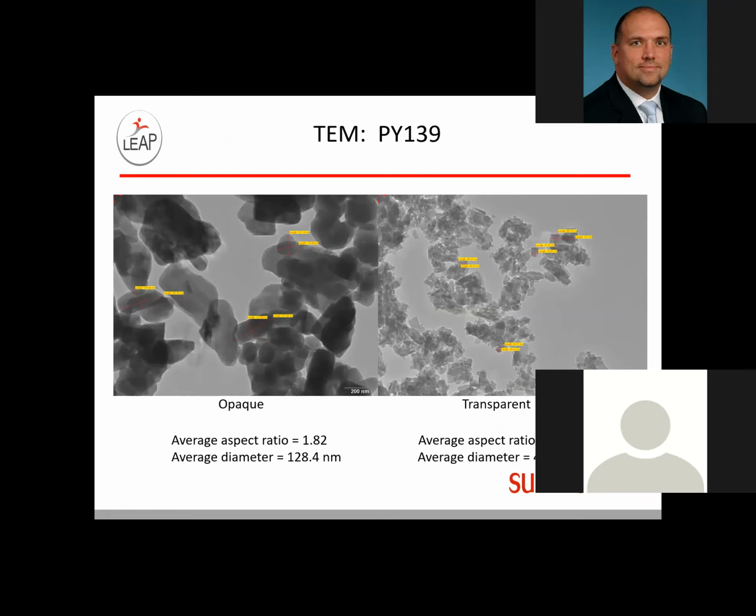However, the diameter is what makes the difference in opacity. The opaque version is about 128 nanometers, whereas the transparent grade gets its transparency from its very thin diameter at 48 nanometers on average. So that's where the difference in opacity comes from, the narrowness of the crystal.